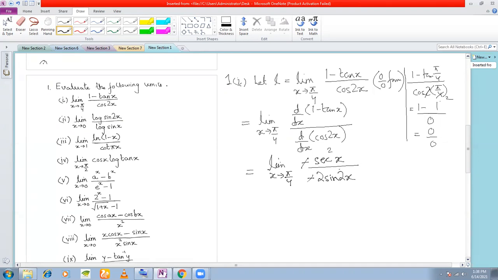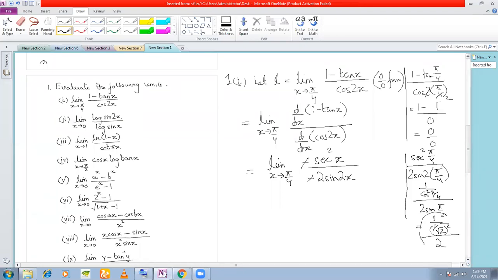Now once you have differentiated, you check whether you are getting a finite, determinate form or not. So this is sec square pi by 4 divided by 2 sine 2 pi by 4. This is 1 by cos square pi by 4, divided by 2 sine pi by 2, which is equal to 1 by (1 by root 2) square, divided by sine pi by 2, which is 1.